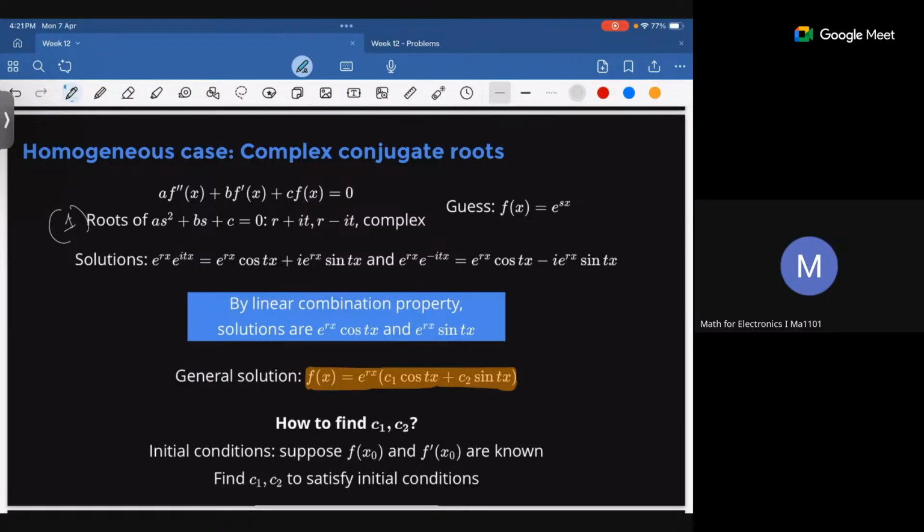If you get one real root repeated twice, you will have some other form. If you get complex conjugate roots like this, you will have this form. After this, again there will be C1 and C2 you have to find. How do we find C1 and C2? Again using the initial conditions which will be given to us. We will use those initial conditions, solve for C1 and C2, and substitute them back.